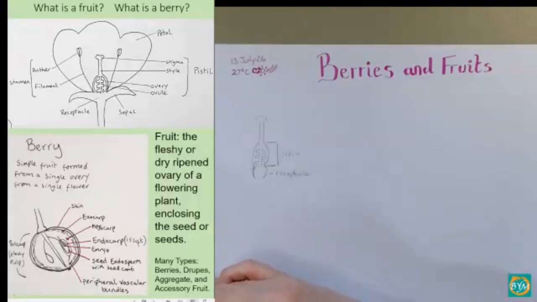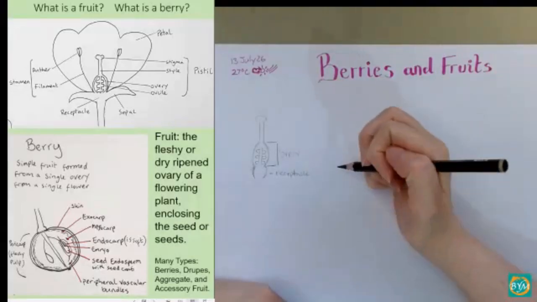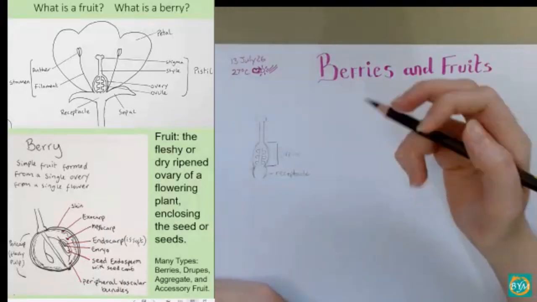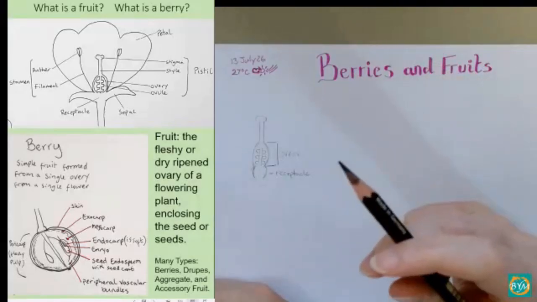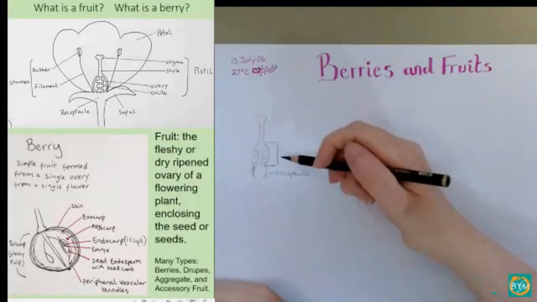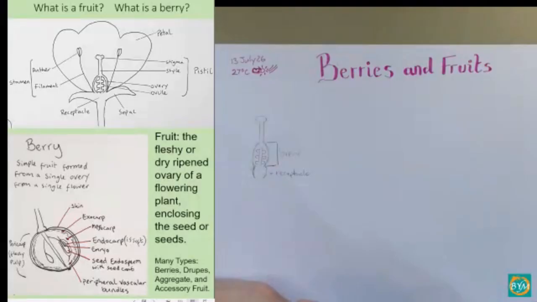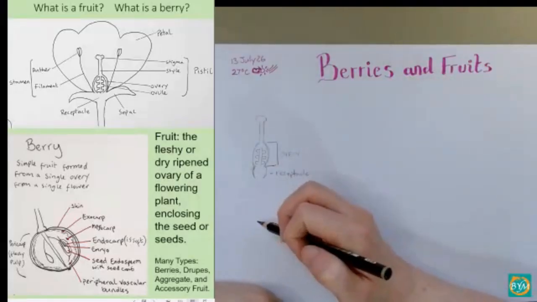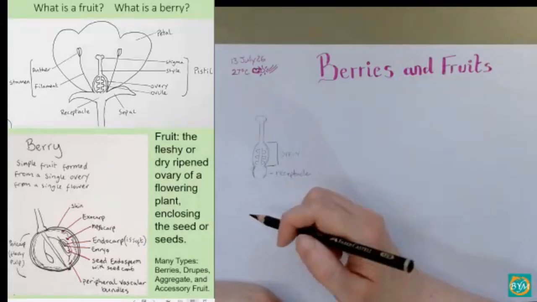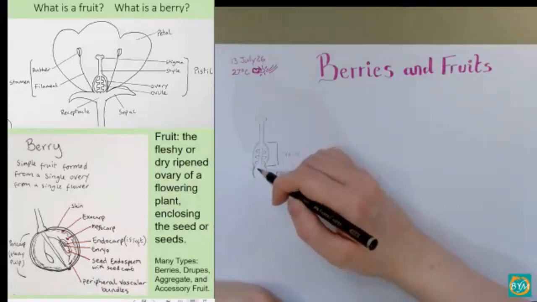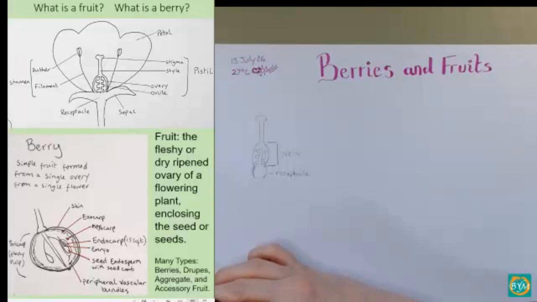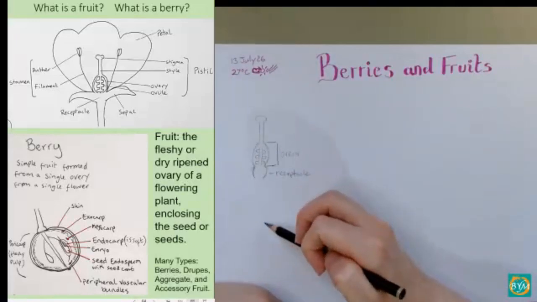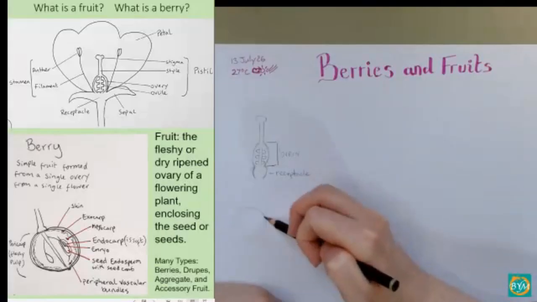Now we will explore some variations on what that is. But the first thing I want to do is think, okay, if that's the definition of fruit, what is the definition of a berry? A berry is a simple fruit formed from a single ovary, so one single ovary from a single flower. And generally, a berry can have more than one seed inside it.